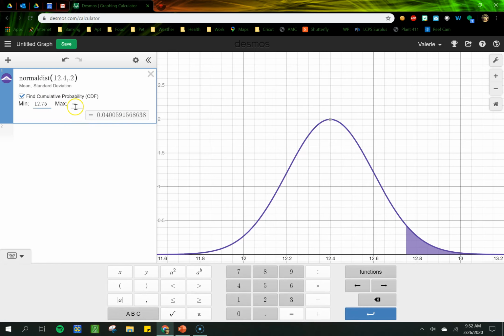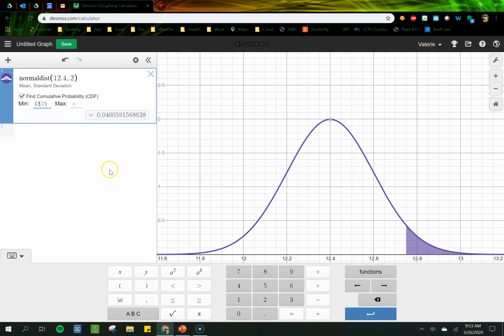We're going to leave the maximum at infinity. If you accidentally click this, notice that it goes away immediately. If you just click back over into some other part of the problem, then it will come back. So if you accidentally type 12.75 there and then realize, oh no, I put it in the wrong one, just delete what you have and then click over into either your mean and standard deviation or your minimum, and that infinity sign will come back.